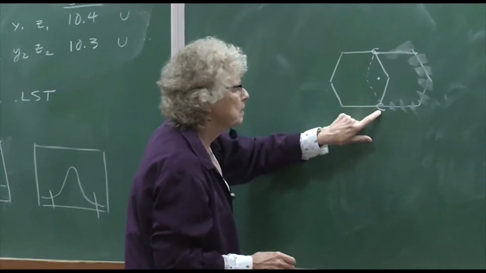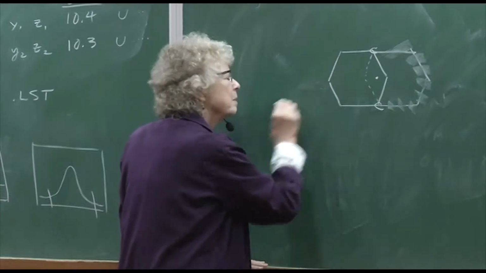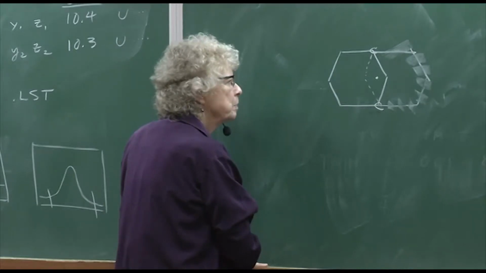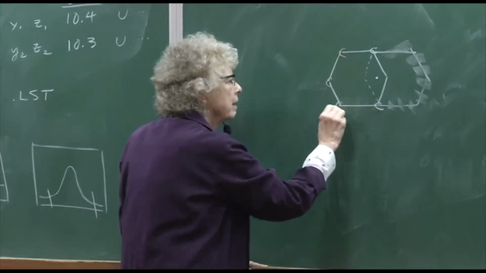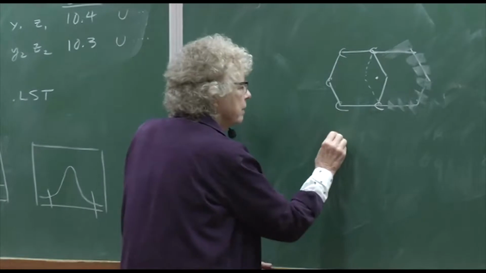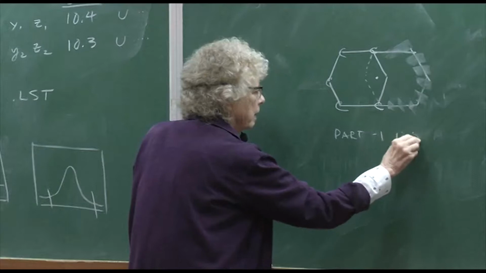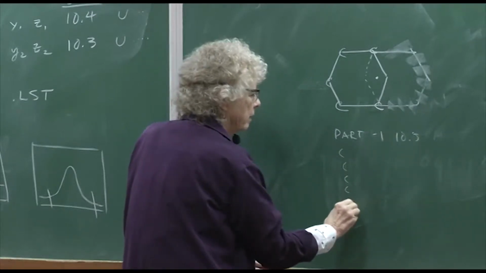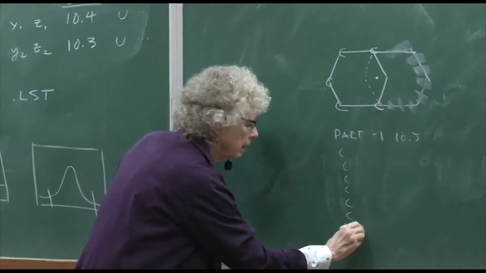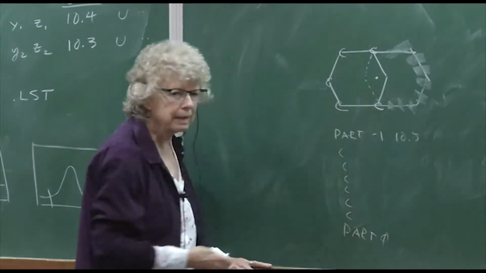No. Okay, they're at full occupancy because they used both halves. These are also, wait, let's see. I would probably put them all at half occupancy, all 6, sorry. So that would be part minus 1, 10.5, and then your 6 carbons. And then part 0. So you're just using these 6, and you're not using the rest of it.